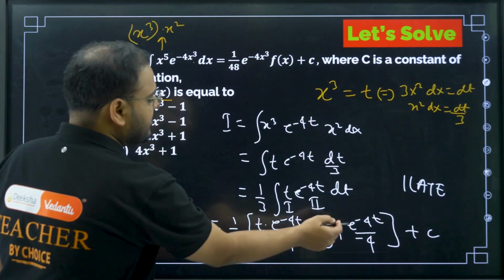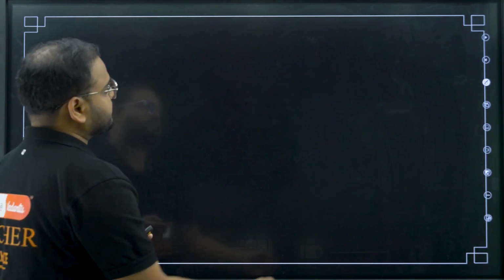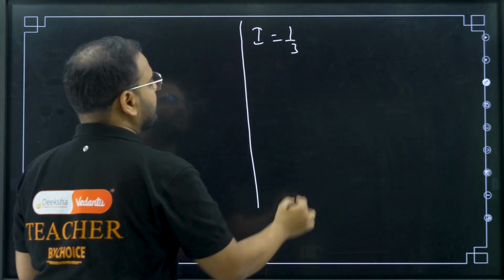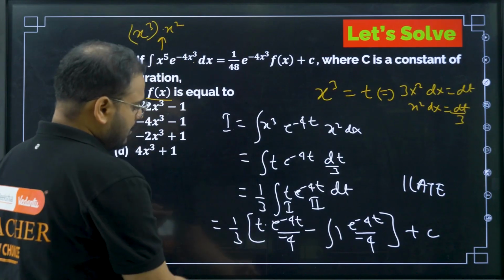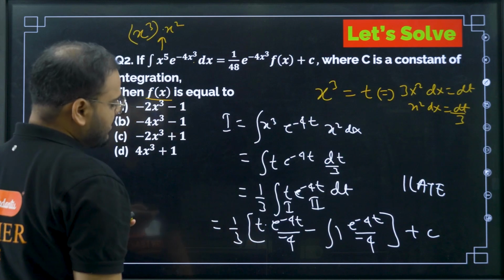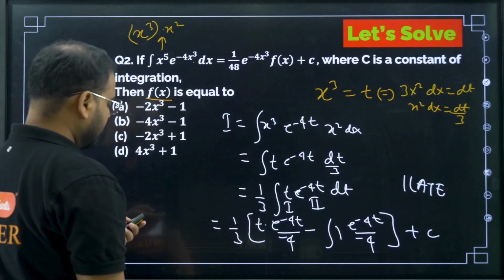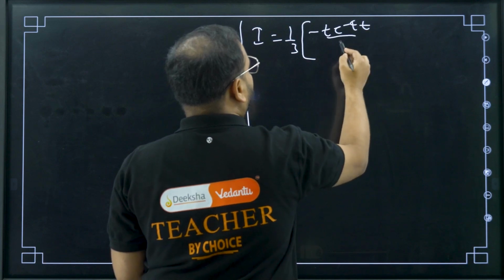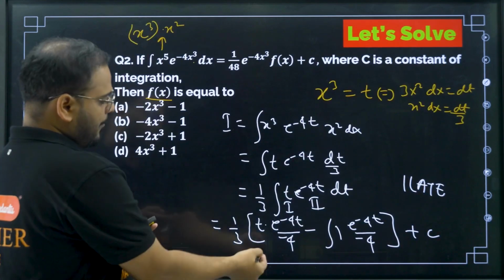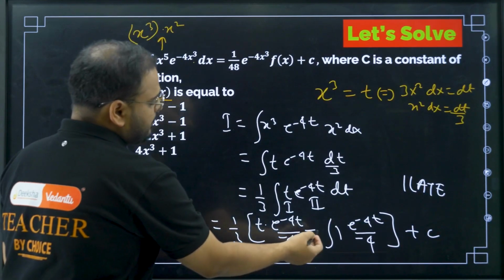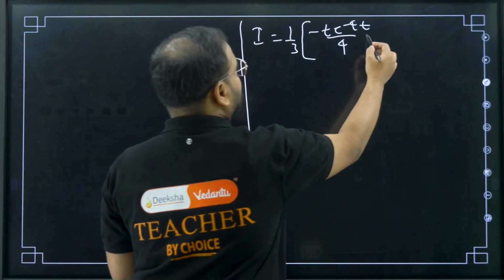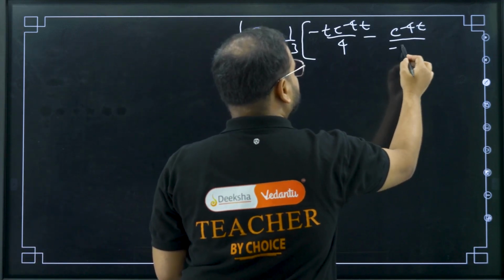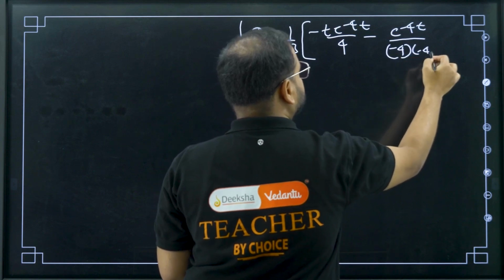Now one more thing, I have to integrate this part again. So far I have 1 by 3, and the integration is simply minus t e power minus 4t upon 4, and this will become, since I have to integrate again, e power minus 4t, minus 4 was already there, so I write another minus 4.